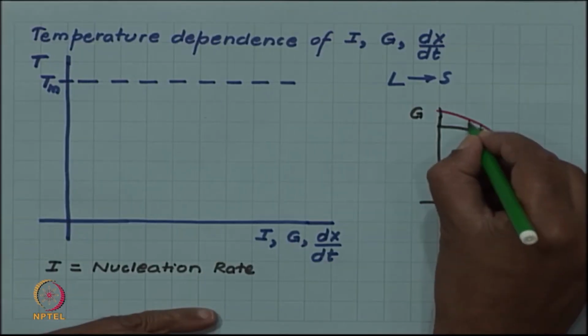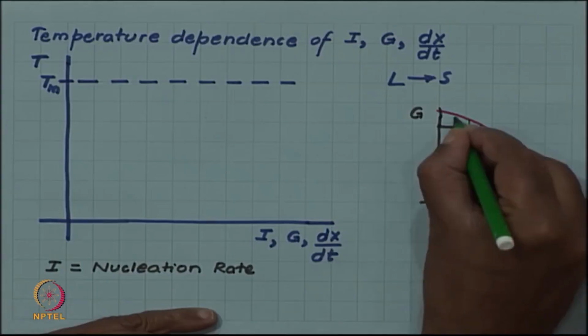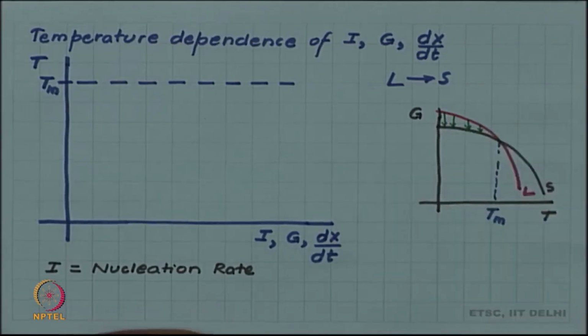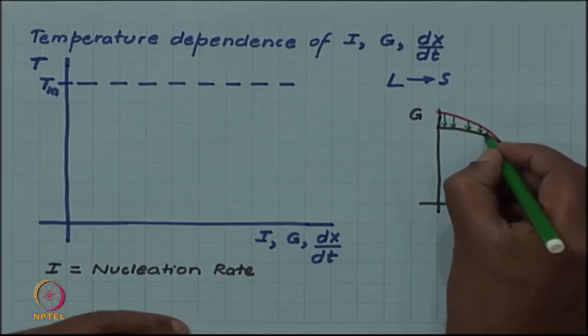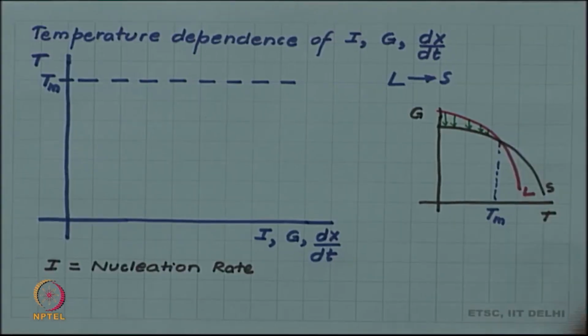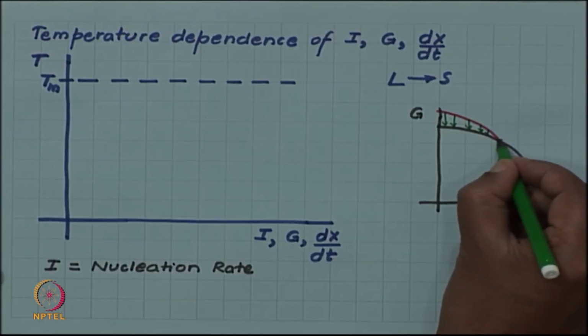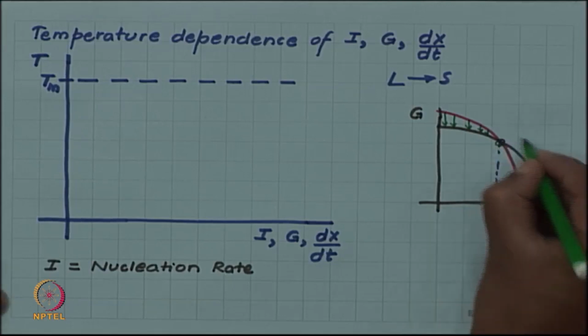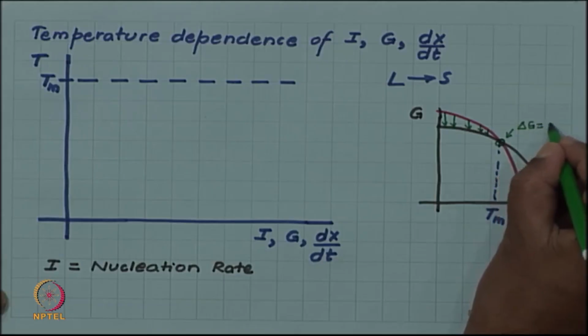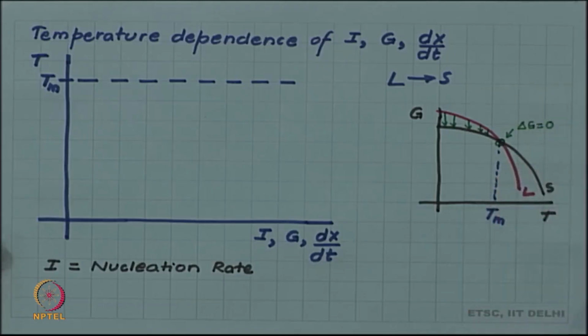This is the reduction in free energy if liquid transforms into solid, and you can see that this reduction at the melting point is 0. So, at melting point there is no driving force because the two free energies are equal. So, delta G is equal to 0 there.